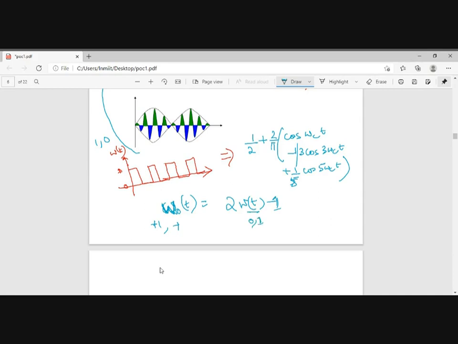Check this. When w(t) is 0, it gives me a value of -1, and when it is 1, it gives me a value of +1.